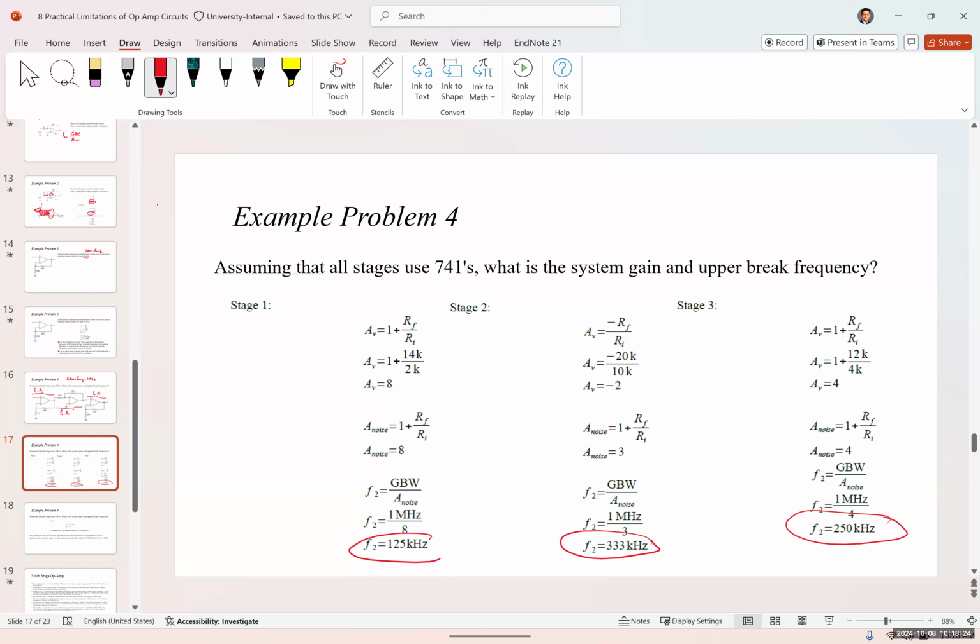The second leg is with a car, the maximum speed is 120, for example, and the third one is with an airplane, maximum speed is 900. Your limit is the slowest part. You can't imagine that the whole trip would go at 900 miles per hour. It's always limited by the lower speed, which here is 125 kilohertz.